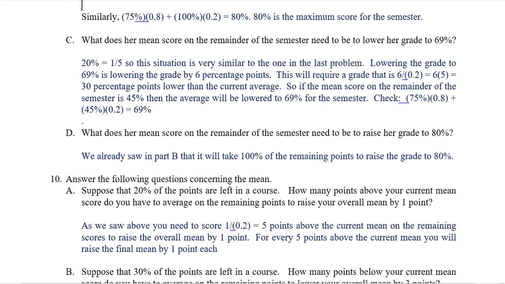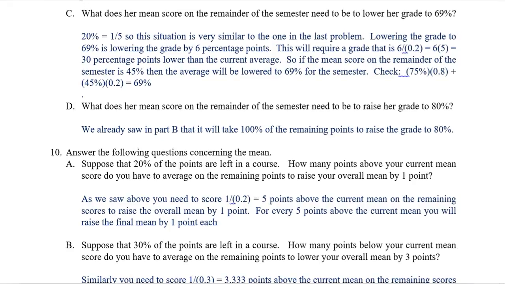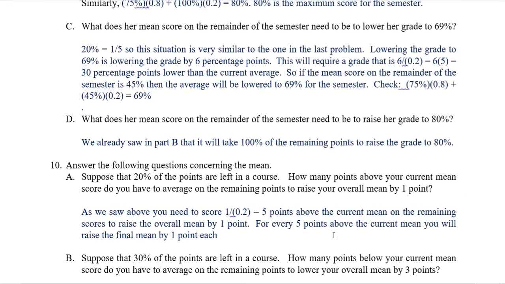Suppose 30% of the points are left in the course. How many points below your current mean do you have to average on the remaining points to lower your overall score by 3 points?